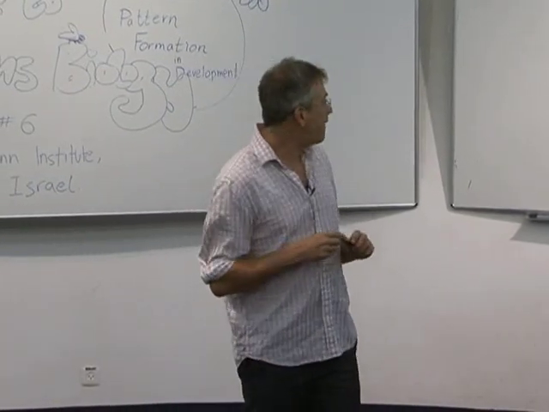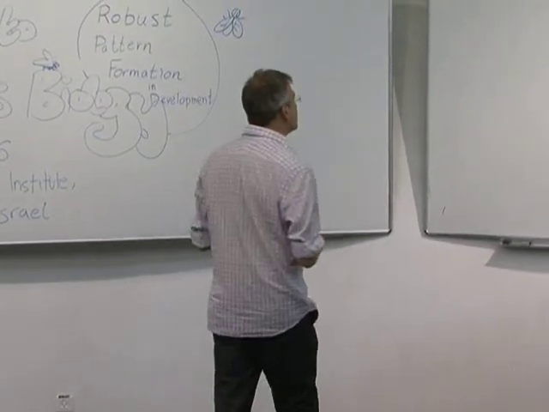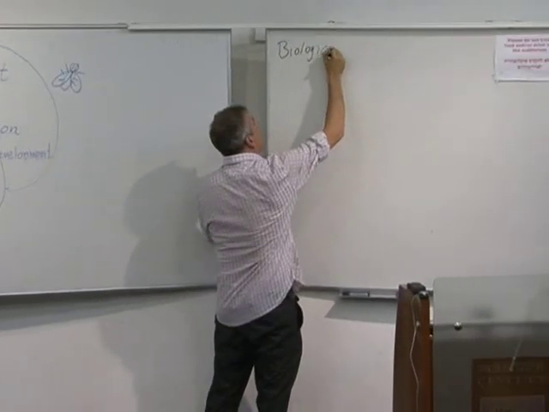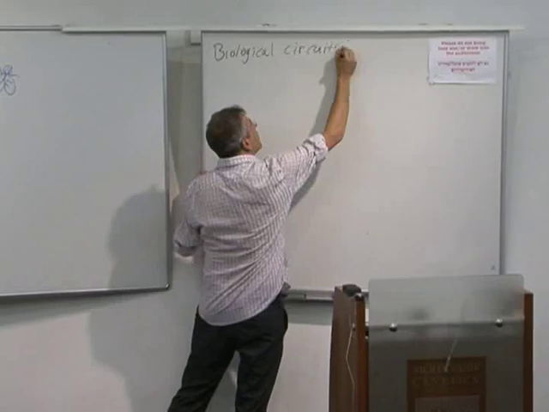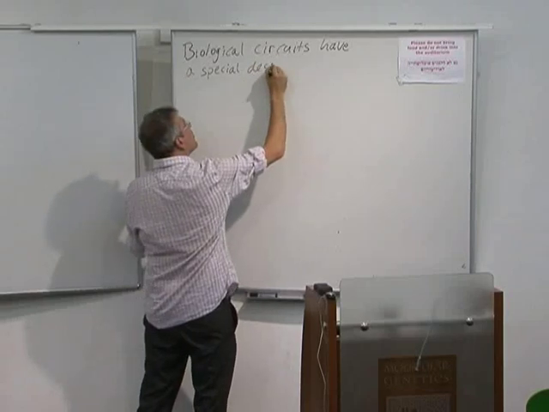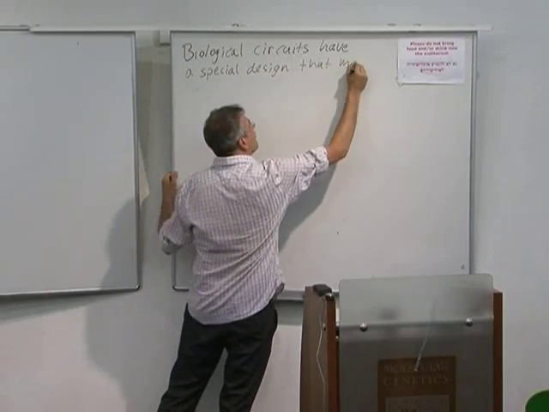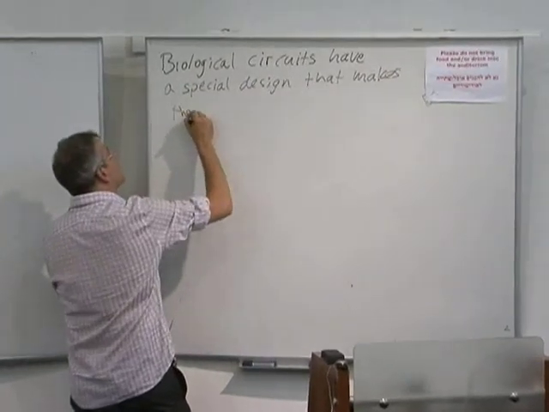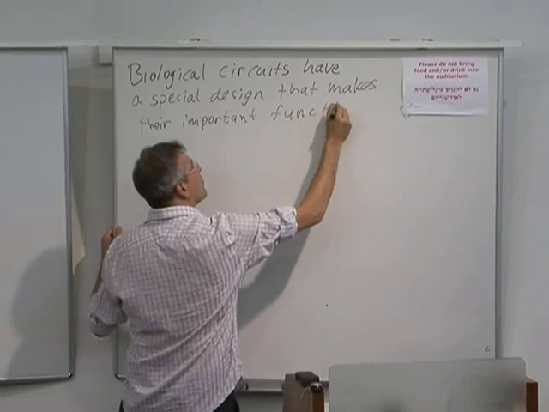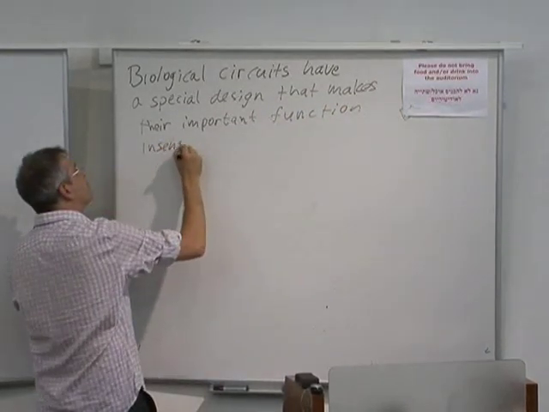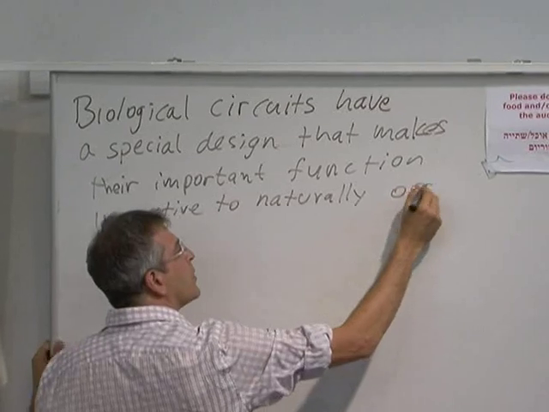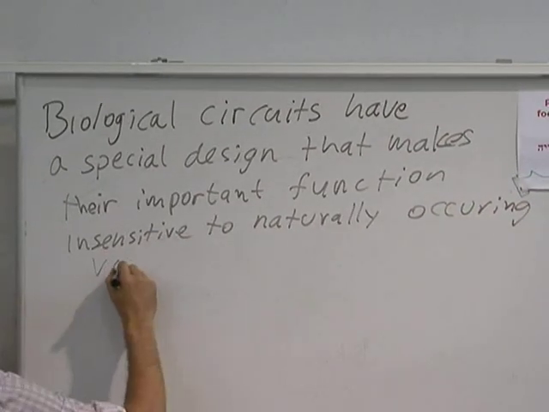Robustness, of course, is the principle that says that biological circuits have a special design that makes their important function insensitive to naturally occurring variations.